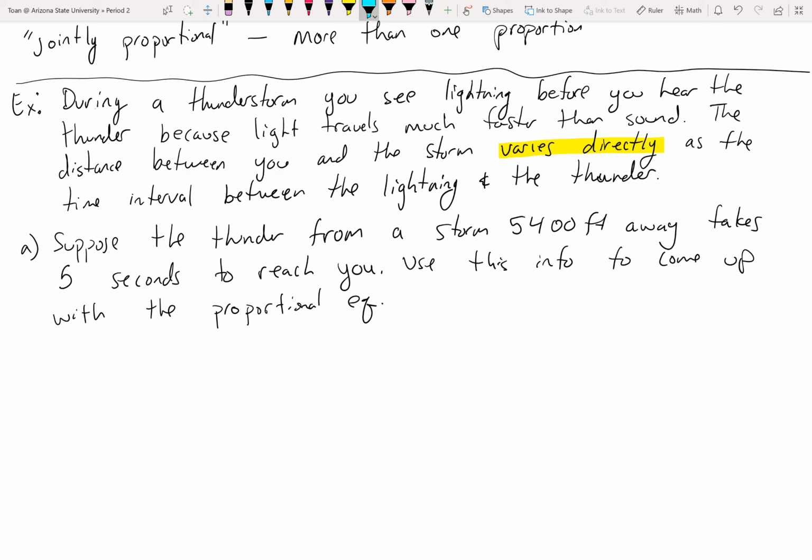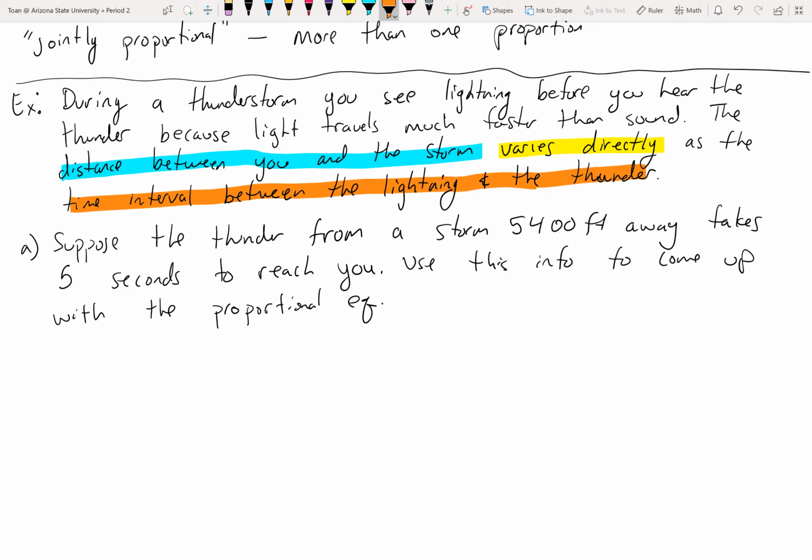So what does this trigger word connect? It connects the distance between you and the storm with the time interval between lightning and the thunder. So those are the two quantities that are varying: the distance between you and the storm and the time interval between hearing the thunder and seeing the lightning.